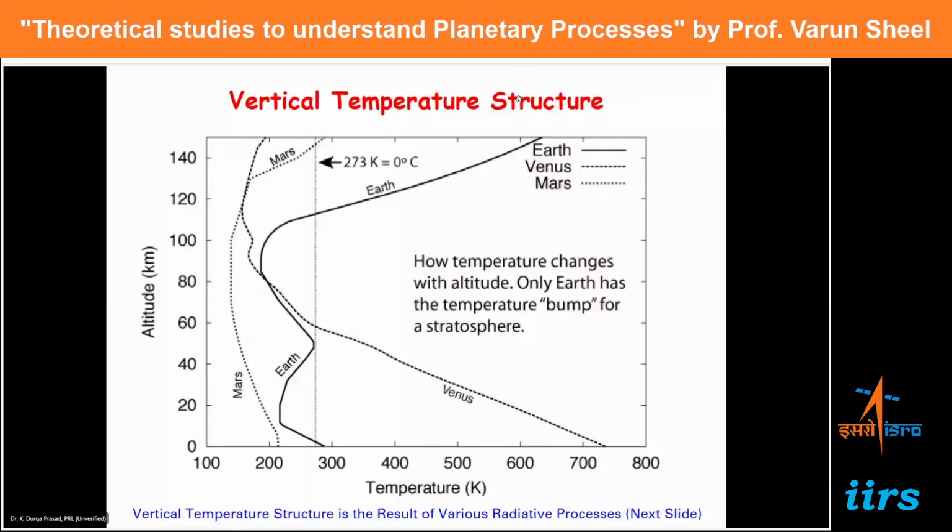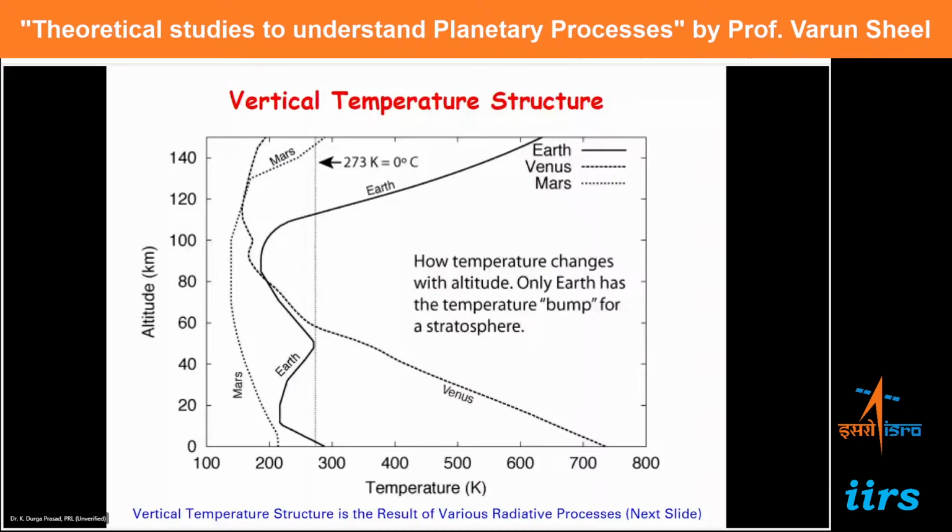If we look at the basic hydrostatic equation and the interaction of planetary atmosphere with solar radiation, the planetary atmosphere is not uniform. It is heterogeneous in nature, with different compositions or species at different altitudes and also different pressure distribution. So the solar radiation interacts differently in each of these regions.